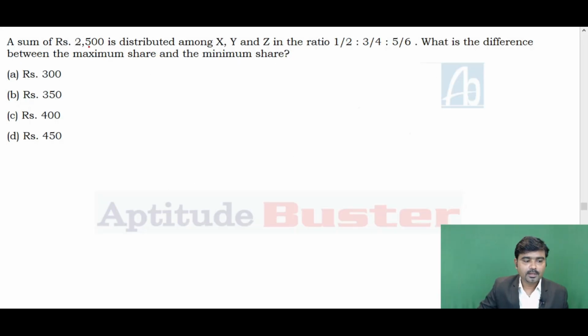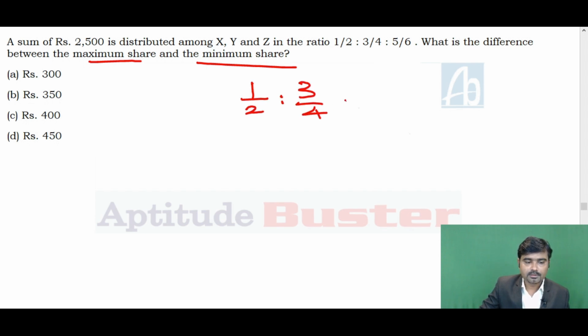A sum of money, rupees 2500, is distributed among x, y, z in the ratio 1/2 is to 3/4 is to 5/6. What's the difference between the maximum share and the minimum share? That's a very simple question. It may look difficult to solve.